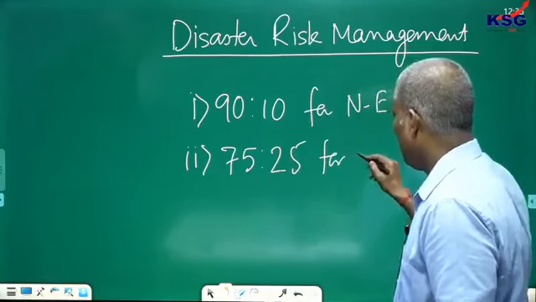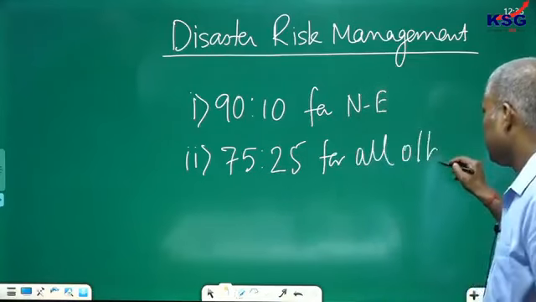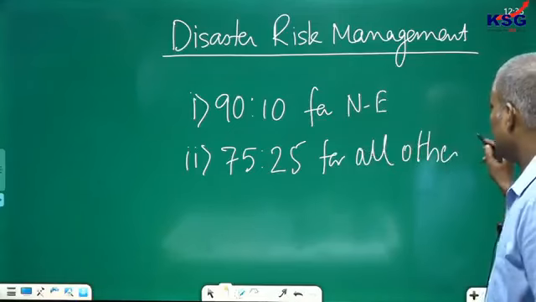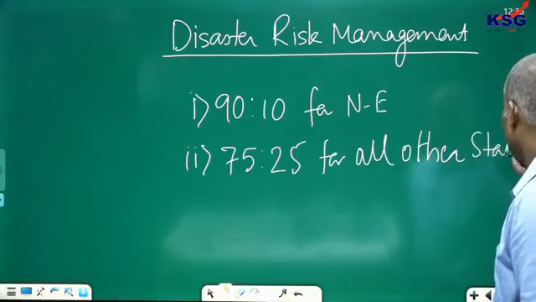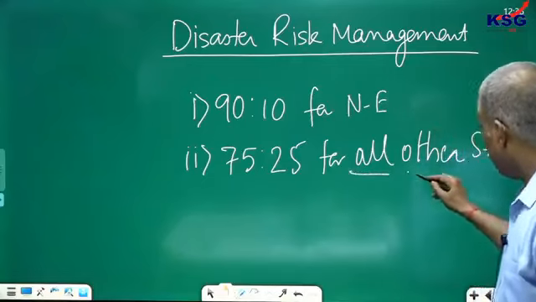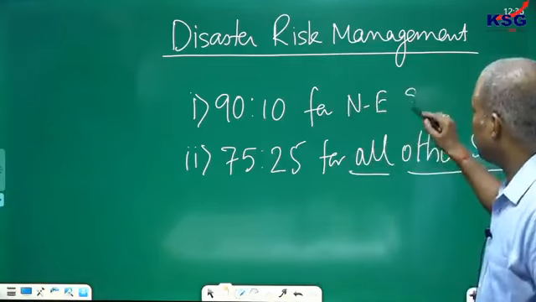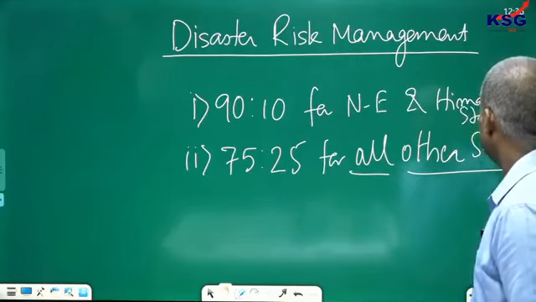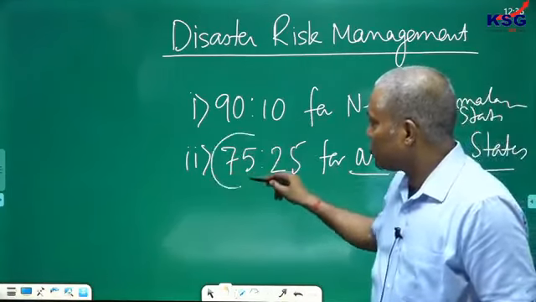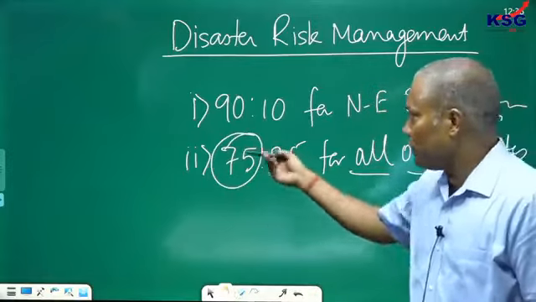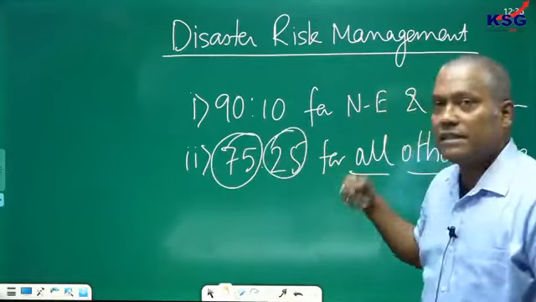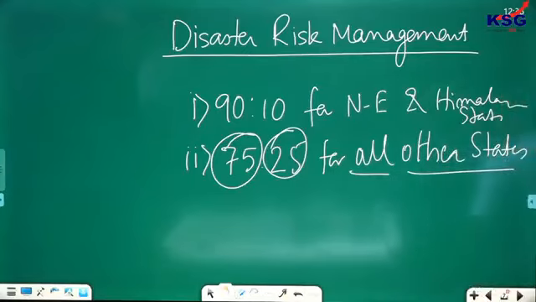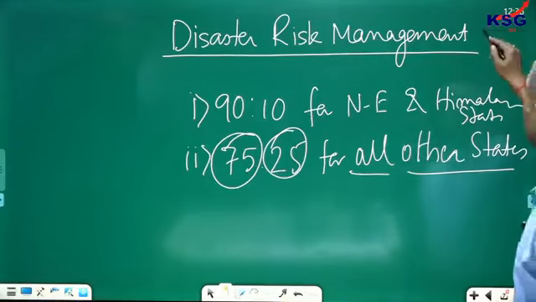It means for all states other than the Northeast and Himalayan states, 75% will be contributed by the central government and 25% by the states. Clear here? The same recommendation continues as what was prevailing earlier. This is the recommendation related to disaster management funds.